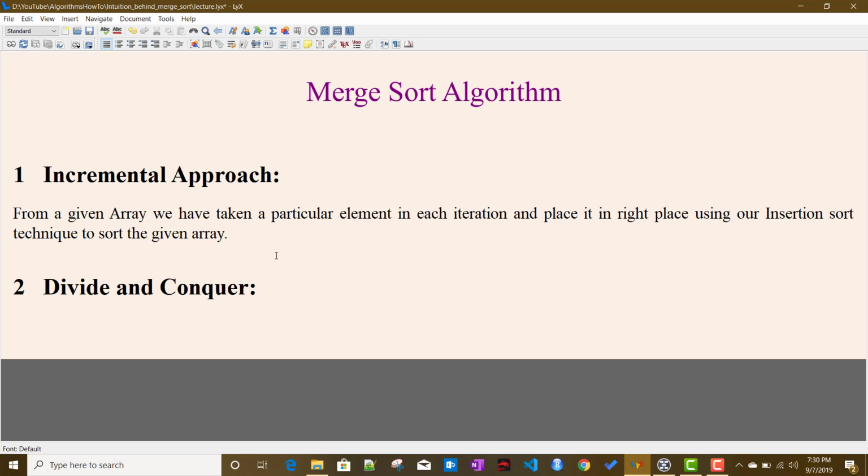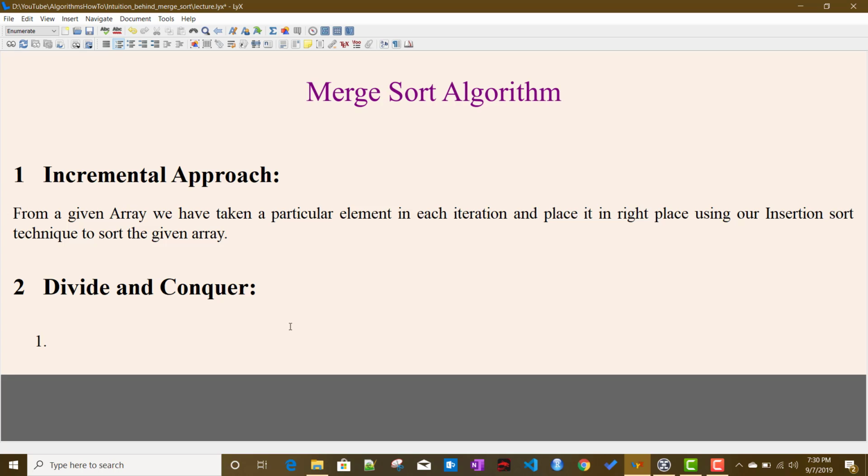We divide the whole problem, whatever sorting problem or any kind of algorithm, since divide and conquer can be used in any kind of problem, into small problems which are similar in nature to the actual problem.